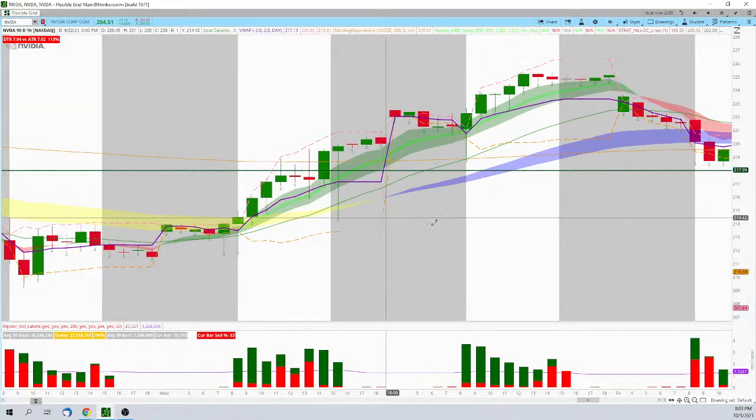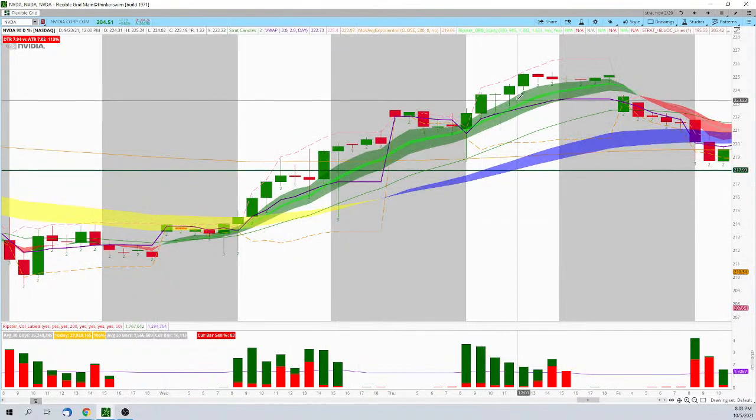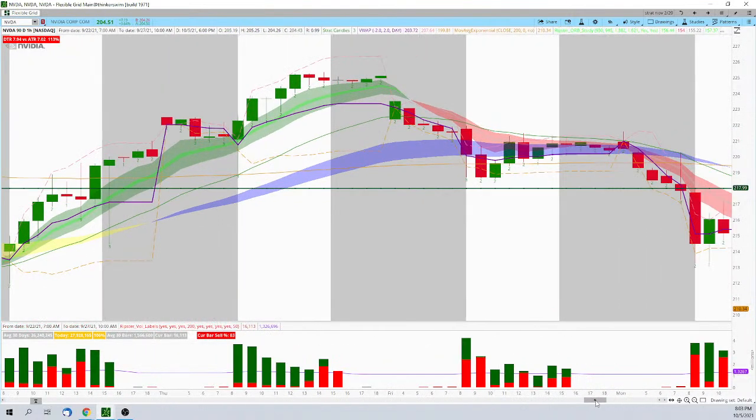Now, if we entered this trade here and we caught this whole run, let's say the next day was inside. It was inside, so I could hold that, but I would have got murdered the next day. And that just depends on the strategy.